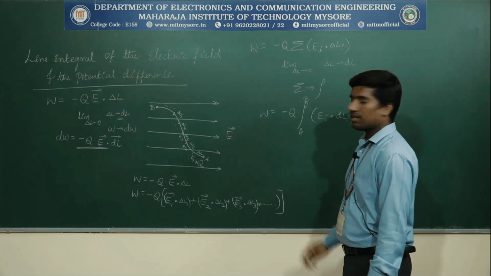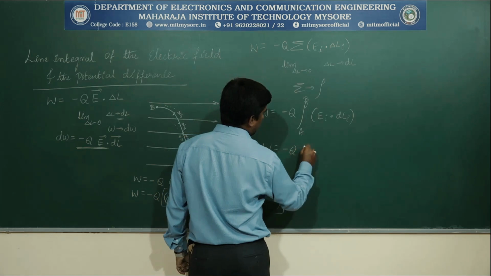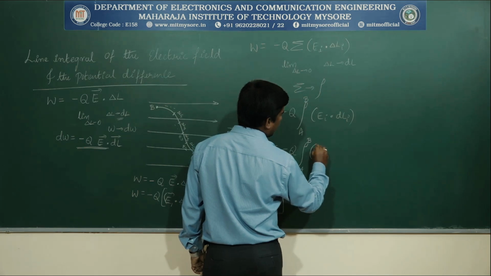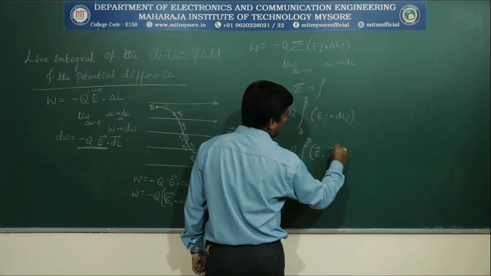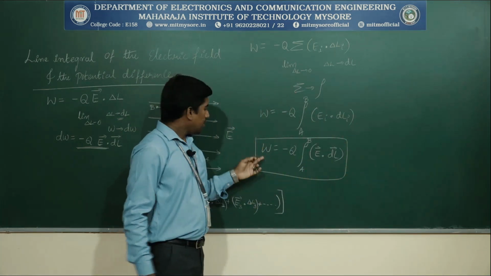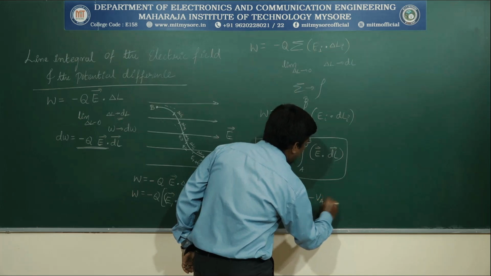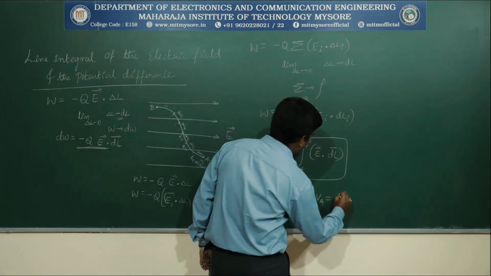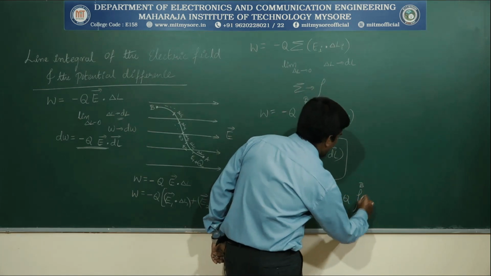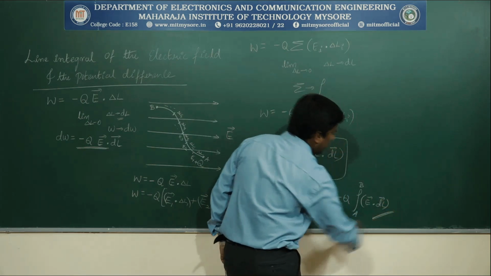In general, W is equal to minus Q times the integral from A to B of E dot dl. This is the line integral. Now W can be represented as VB minus VA, work done or potential difference, is equal to minus Q times the integration from A to B of E dot dl. Another important equation.